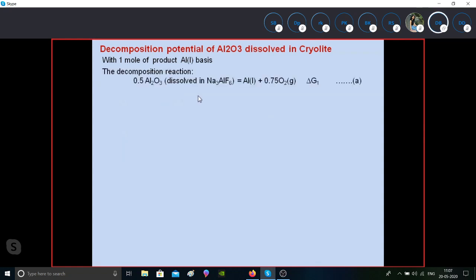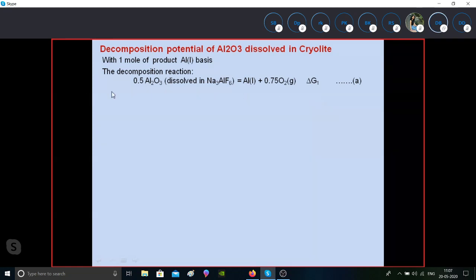So let us take an example of aluminium, Al2O3 decomposition potential, because I'll be employing the electrolytic process. First of all, my basis I'm considering as 1 mole of product aluminium in liquid form. I write down the overall decomposition reaction with this basis, and the reaction is balanced accordingly.